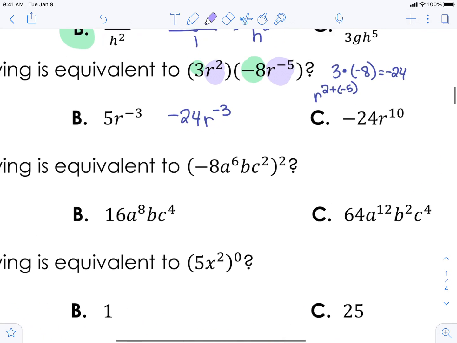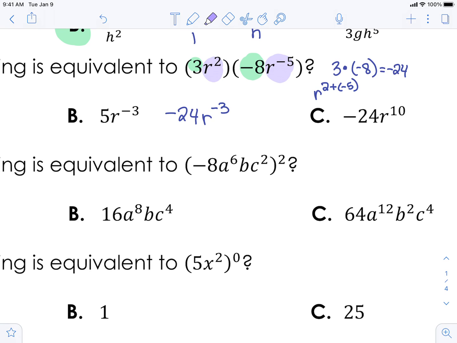Okay, the next one tells me that I have -8 a to the 6 b c squared all to the 2nd power. That means each item inside the parentheses is raised to the 2nd power. So I have -8 squared, which gives me 64. Now, this 2 is going to be distributed to all the other exponents, and we're going to multiply.